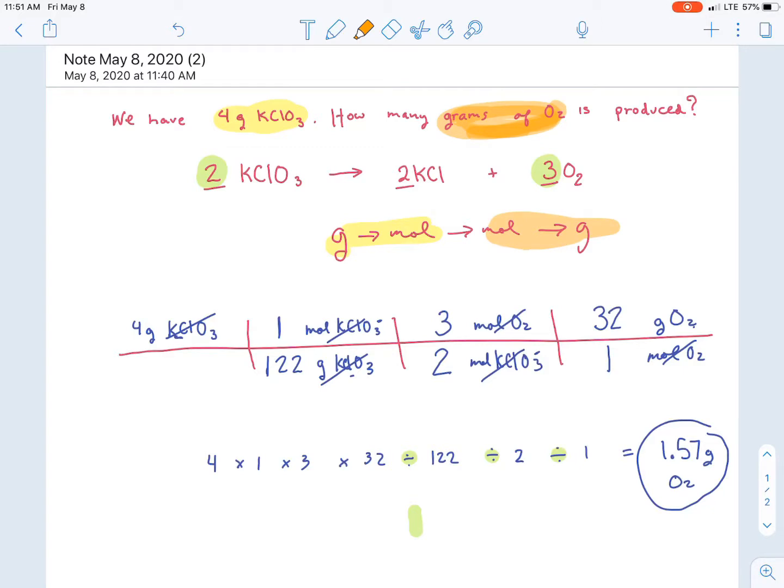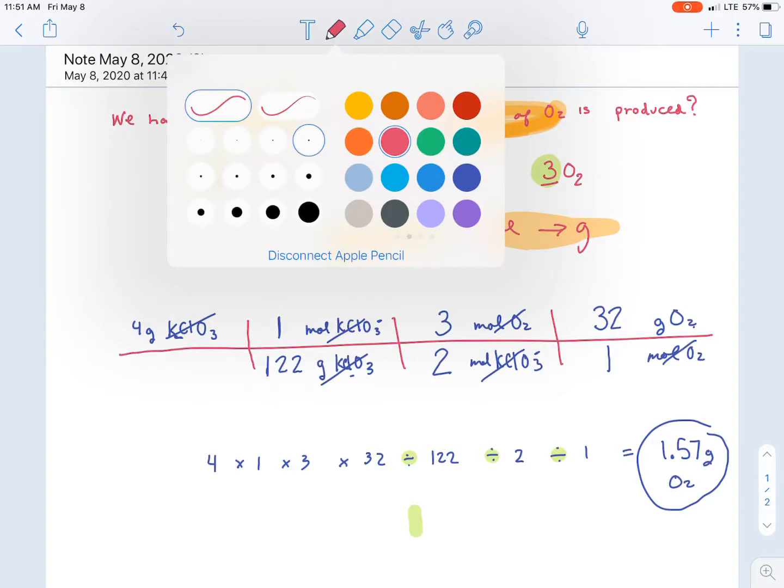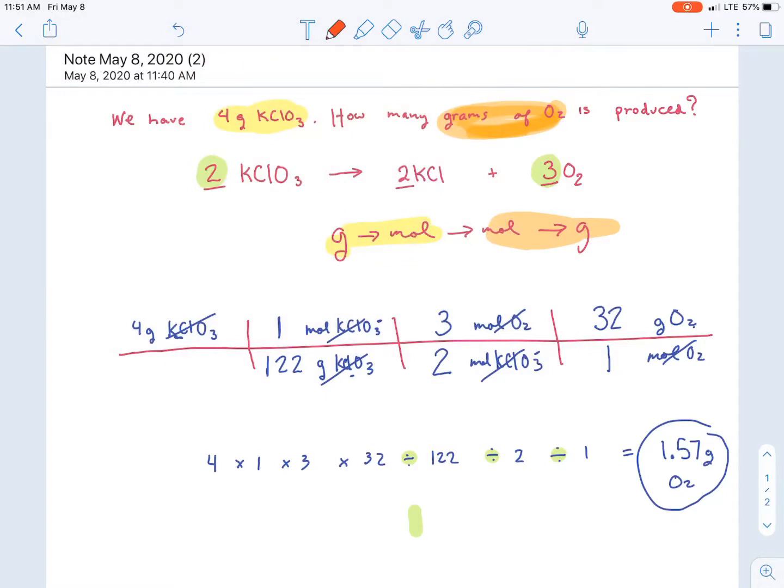And so if they try to throw you a curveball and start with moles, you know what you do? You start with moles on your map. You just cross out the grams. Now you have moles to grams. If they want you to go from mole to mole, right, then you just cross out the other grams.